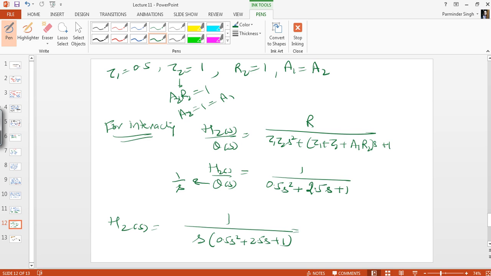What I did is, basically it's a quadratic, which can be split into two parts, and those two parts are S plus 0.438 and S plus 4.56. Clear? Now you can do partial fractions, A by S, B by this, C by this, and find the values of A, B, C.